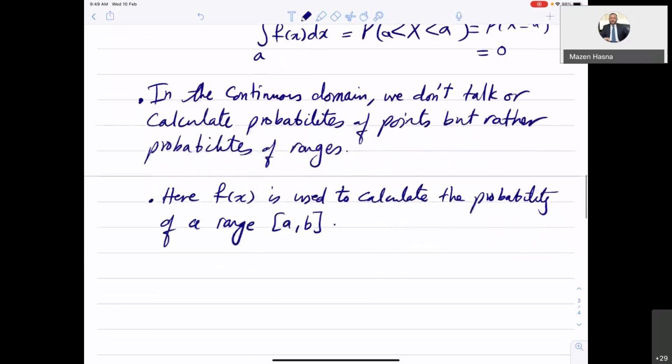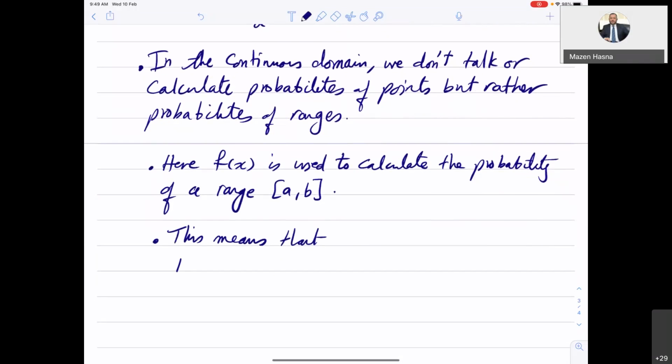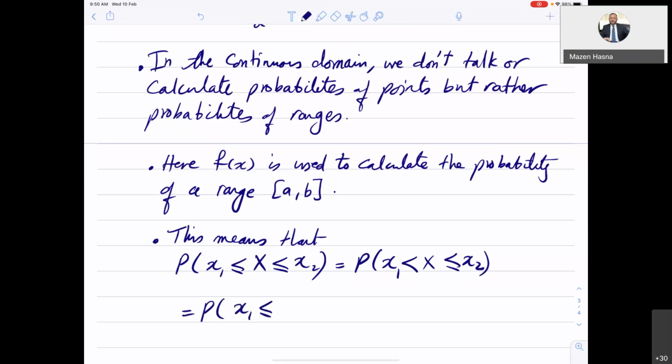And that's why also, if we continue with the same note, this means that if I write the probability of X to be between x1 and x2, this is exactly the same as writing x1 less than X less than or equal to x2, and it's exactly the same as x1 less than capital X less than x2.